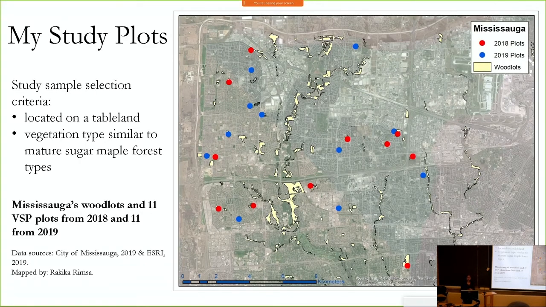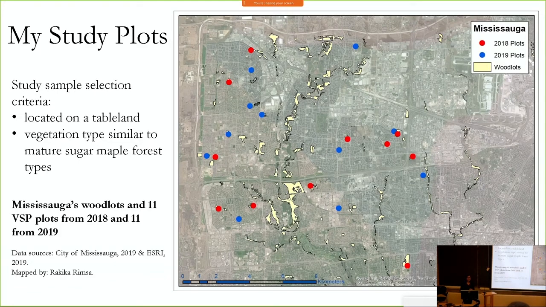I have not looked at distance as a factor, but overall I was trying to account for this difference in ecosystem type in the earlier sections when I was selecting my plots, so that they would all be sugar maple dominated types of forest, so that even if they were nearby or distant, they would have a similar type of species.